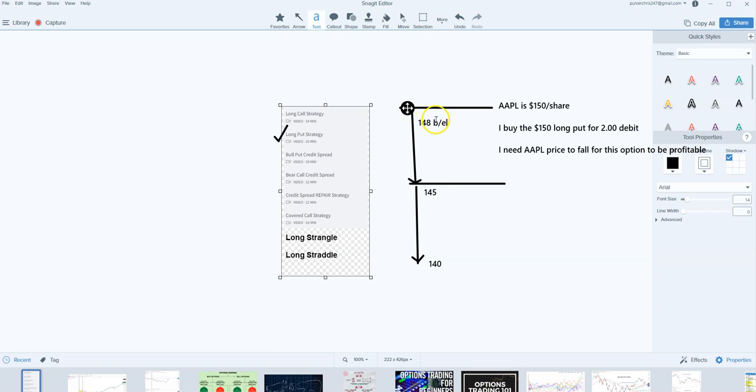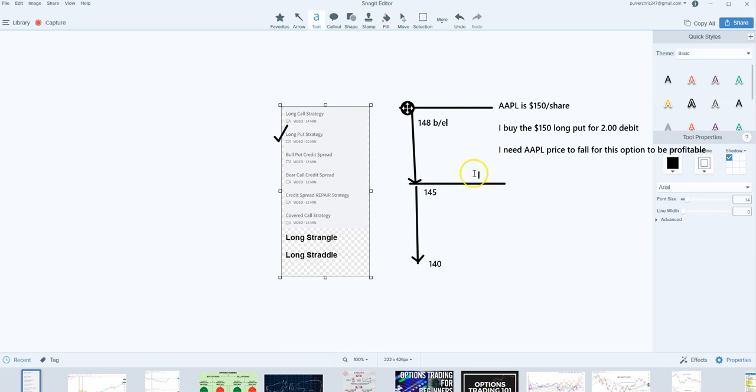Right? My break even is 148, which means if price is trading at 145, I can see that this is now trading for a roughly $3 net profit. I can get out of this trade for probably $3 net profit.